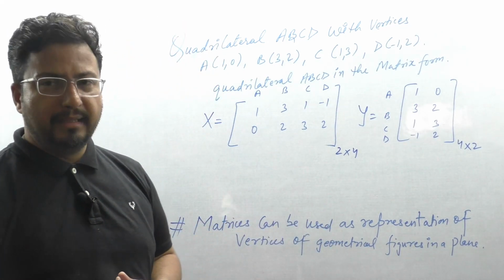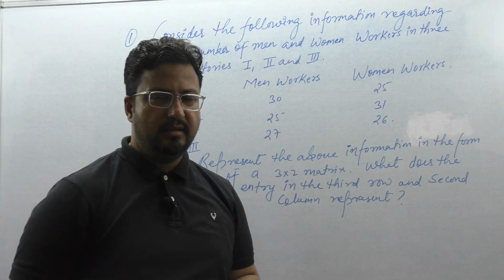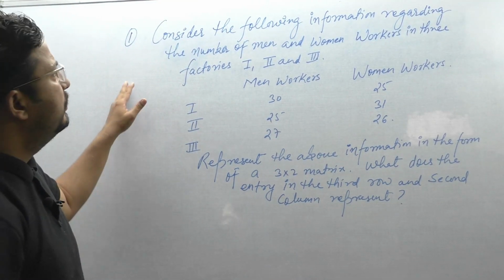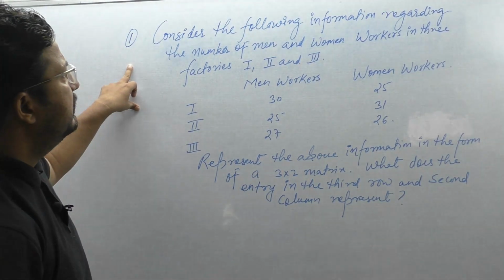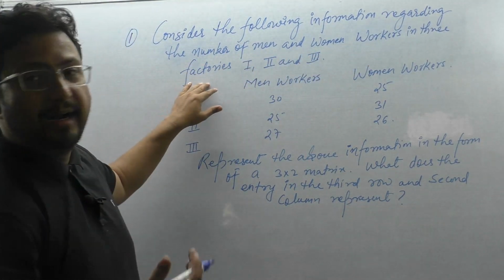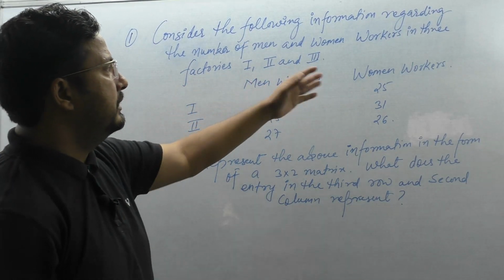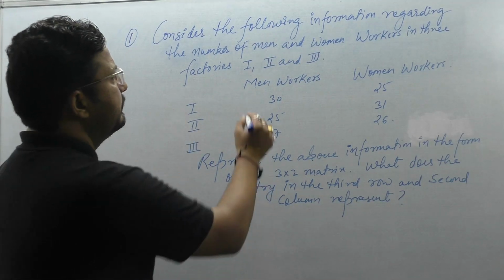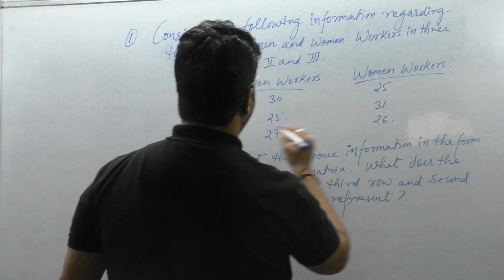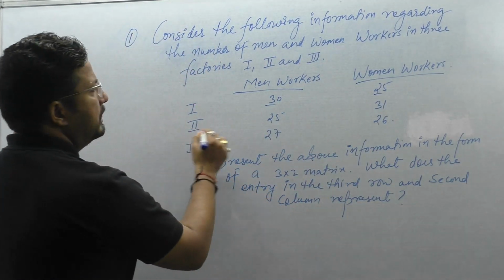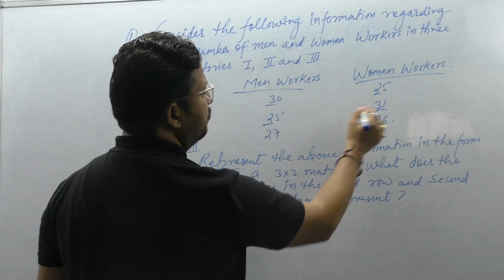So let's discuss a good question which is based on matrices. Here an example is given to you. Consider the following information regarding the number of men and women workers in 3 factories: first, second and third. In factory 1, 30 are men and 25 women. In the second factory, 25 men, 31 women.